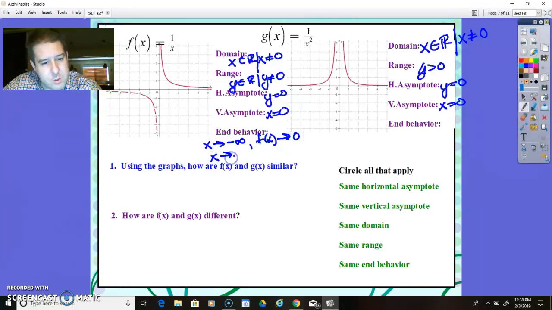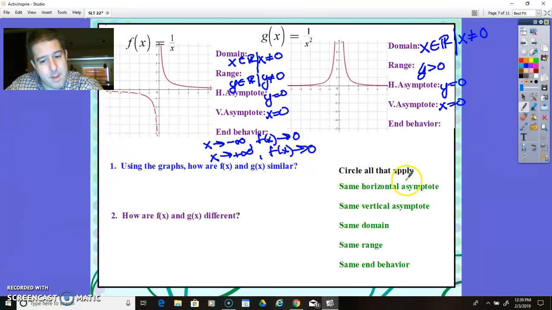As you're going further to the right, the height is also getting closer and closer to 0. So it's going to be the exact same thing over here. So the further I go to the left, it gets closer to 0, and the further I go to the right, it also gets closer to 0. So the same thing I wrote here, I would also write here.